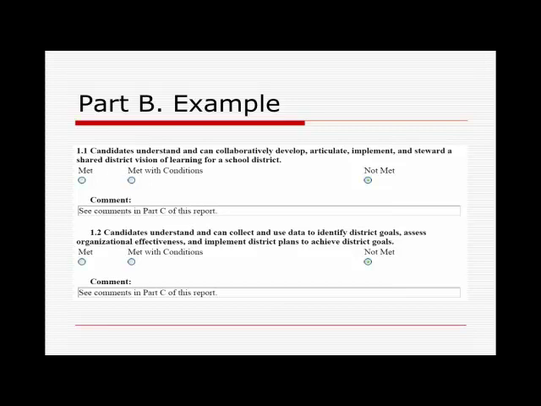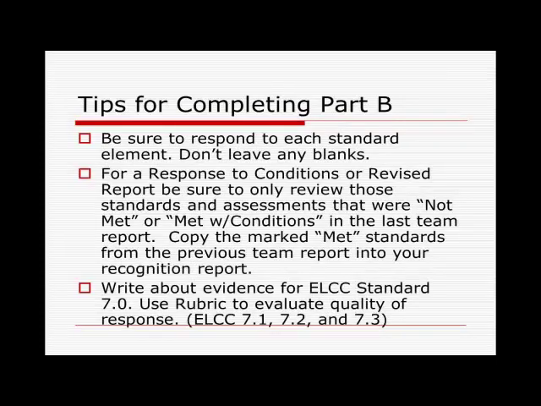The only place where you would not be able to do that is 7.1, 7.2, and 7.3, and that's because that's not related to the assessments, okay? And so there you would actually have to write out a narrative about each of the 7.1, 7.2, and 7.3 if you did met with conditions or not met. Don't leave any blank boxes unless it's met.